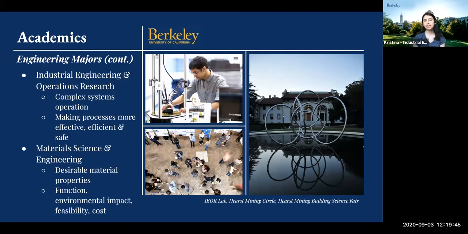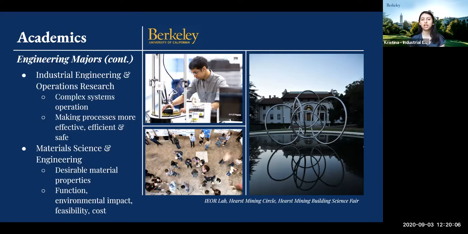All of that is what industrial engineers and operations research students do day to day, like every time you're at a stoplight, and hopefully you're not running into a red light every time. Industrial engineers are kind of in charge of timing that out and making sure that everyone gets where they have to be in a timely manner.